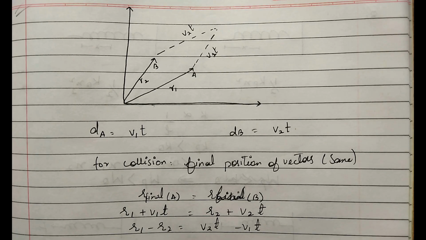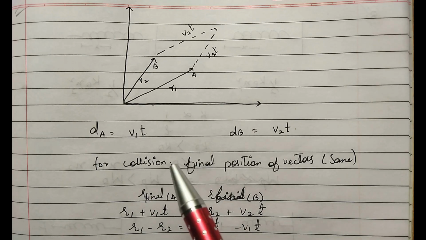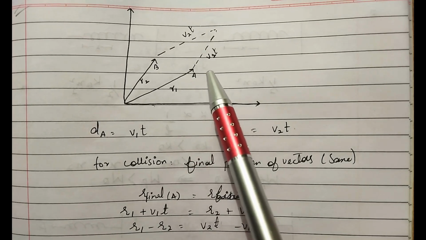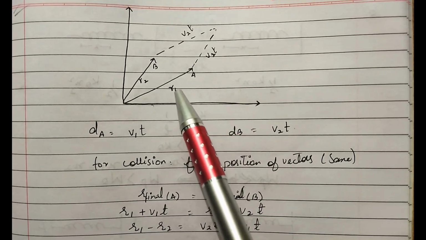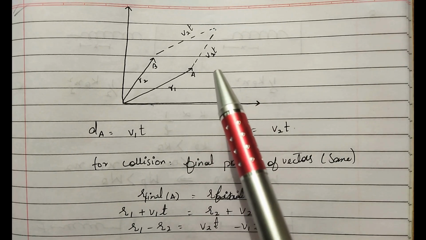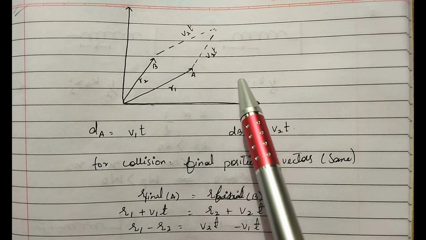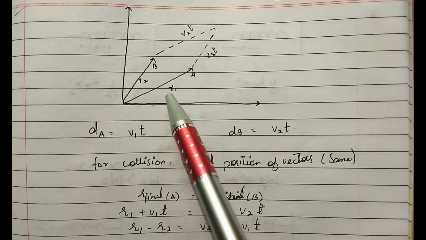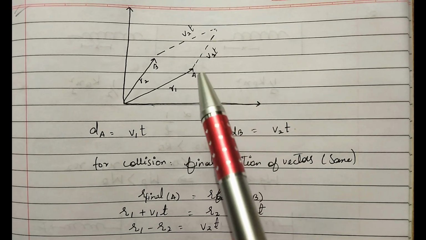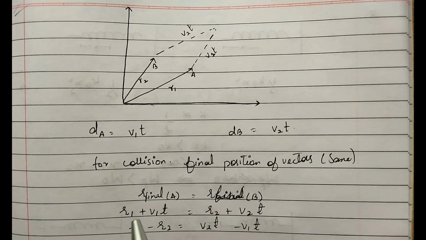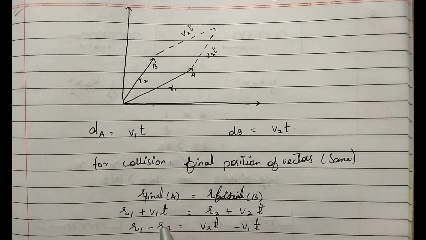Now, if we talk about the final position vector for particle A, it should be this plus this: its initial position vector plus the position vector that it has covered in certain time t with velocity v1. So the final position vector for A is going to be equal to r1 plus v1t.